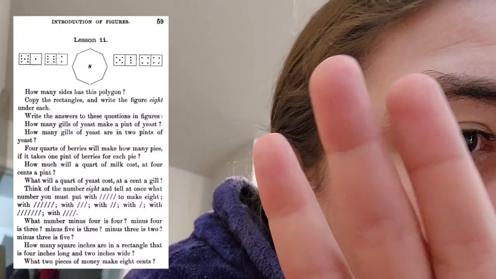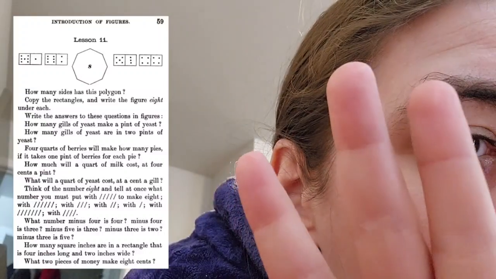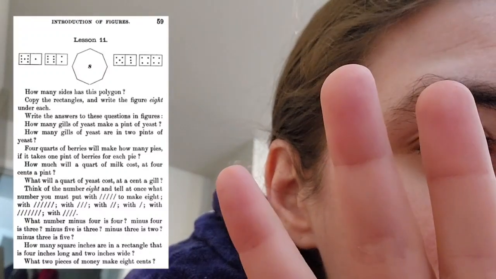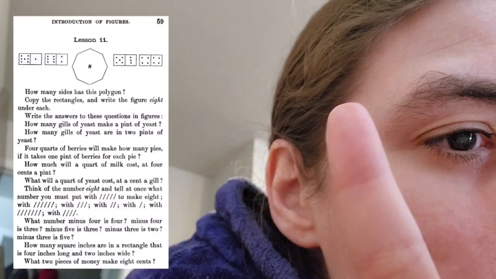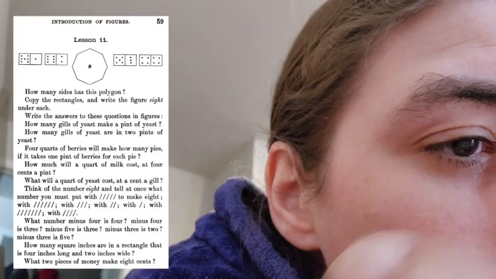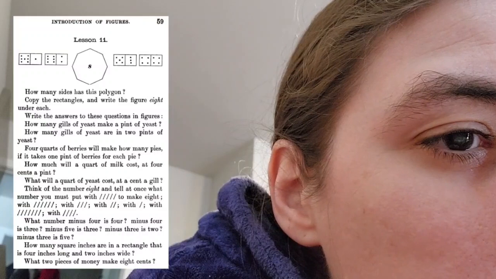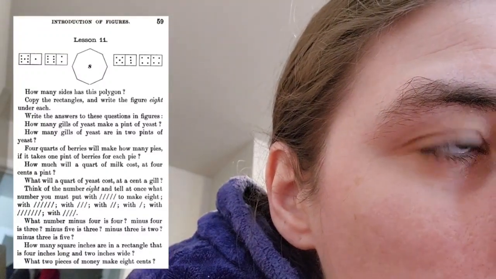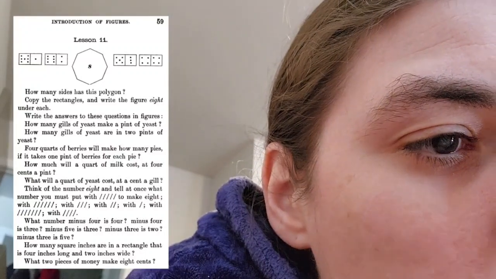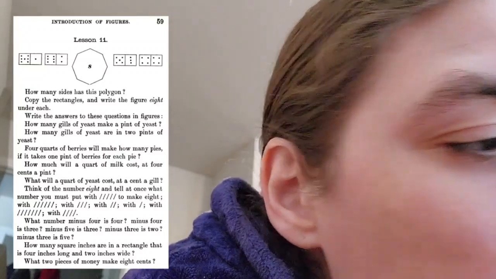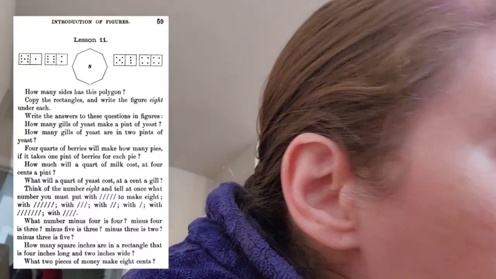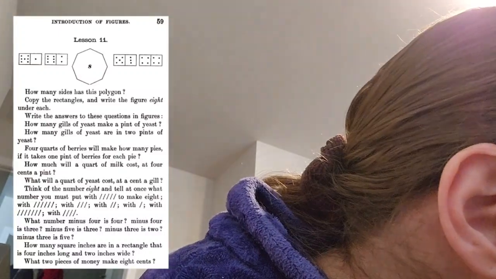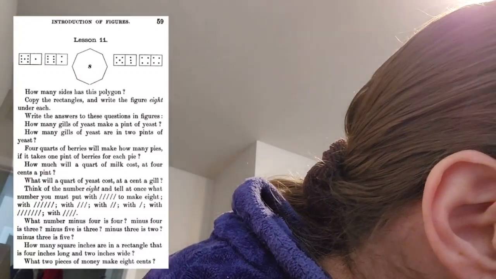So that's 4 gills, and 4 gills are equal to 1 pint. And there's 2 pints in a quart. So there's going to be 8 gills in a quart. So you're going to be spending 8 cents on your yeast if you need a quart of yeast, and it's 1 cent a gill. Okay, so 8 cents on that one.